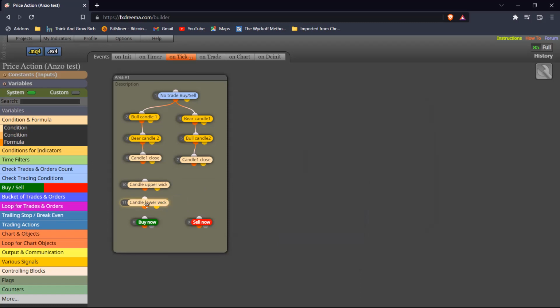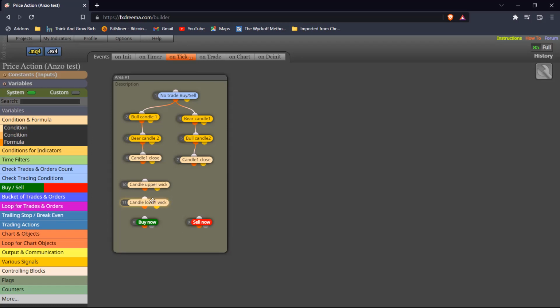We also want to check that candle one's, anyway, I don't think we need to check the lower wick for a bullish engulfing, because it would definitely be lower, except to check that the lower wick of candle two is also greater than candle one's lower wick.